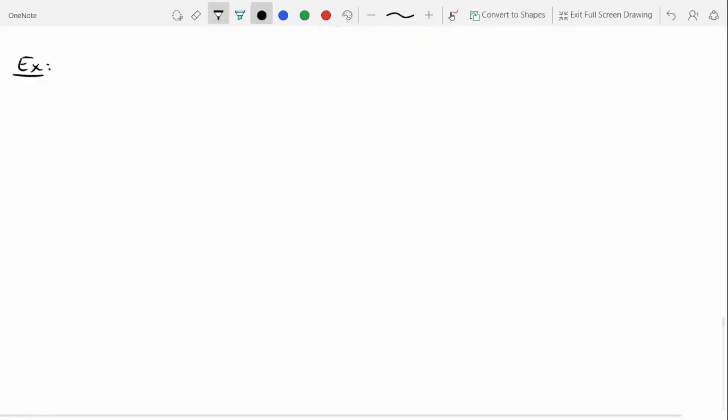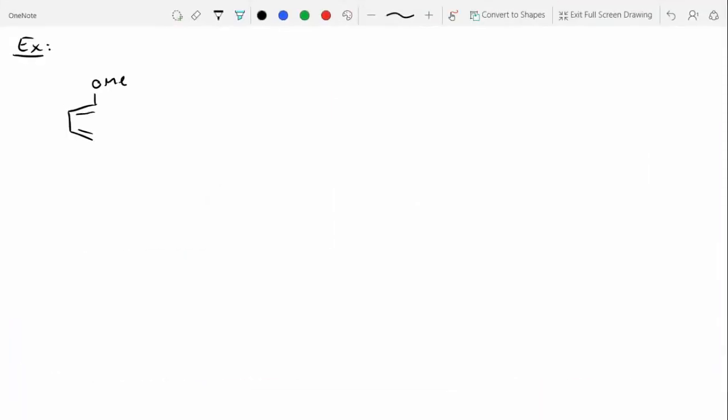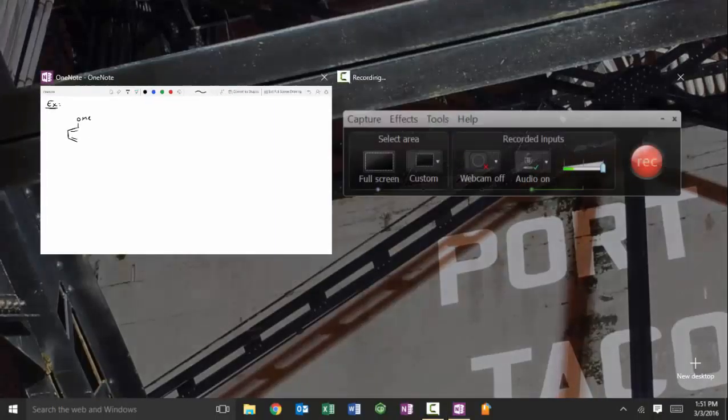All right, this is a very famous Diels-Alder reaction. My pen is not happy today. Just one second.